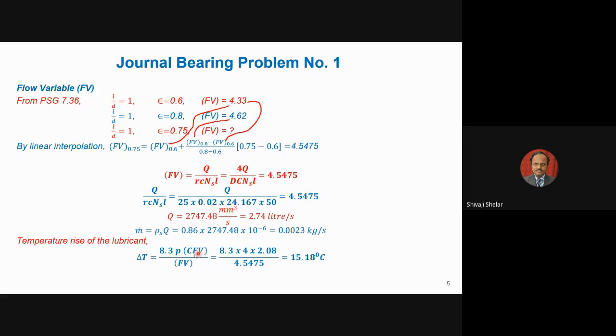The CFE value we have taken in the previous slide, it was 2.08, and the FE value we have is 4.5475. The P value we have calculated, that was 4. So we get the temperature rise here maybe 15.18 degrees Celsius. The entering lubricant will increase its temperature by 15.18 degrees Celsius.